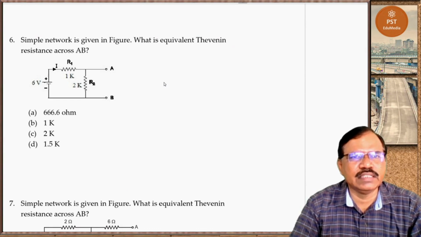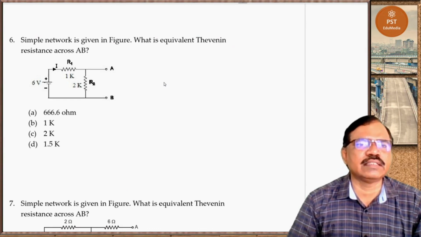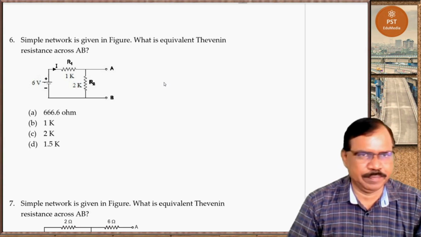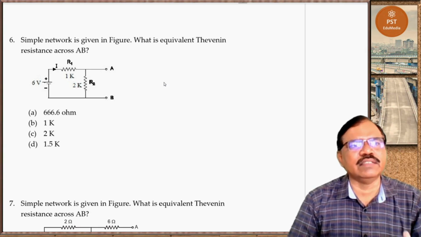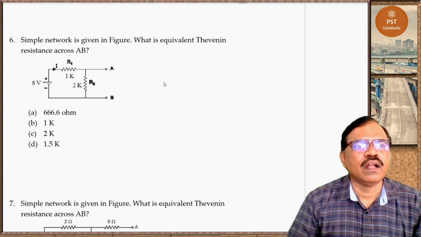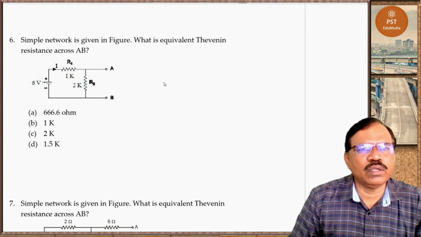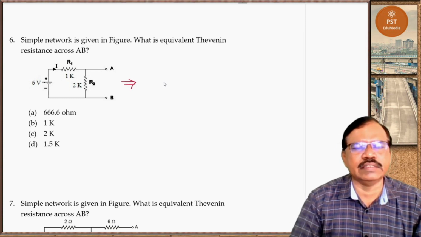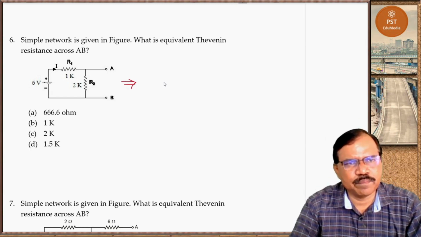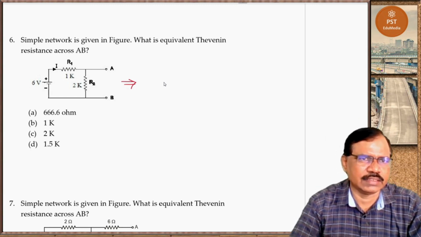A simple network is given in the figure. What is the equivalent Thevenin resistance across terminals AB? So the same network is given here. Now when we want to find Thevenin resistance, we replace the battery by its internal resistance.